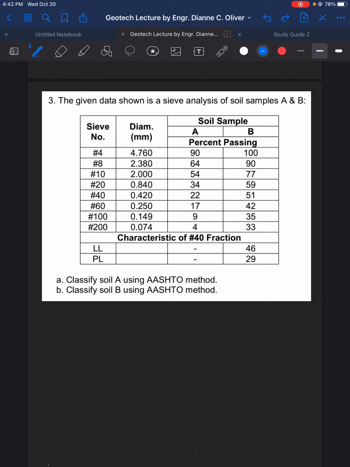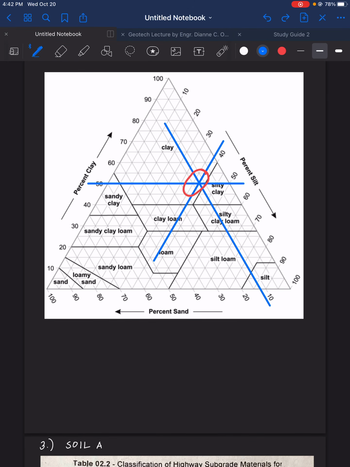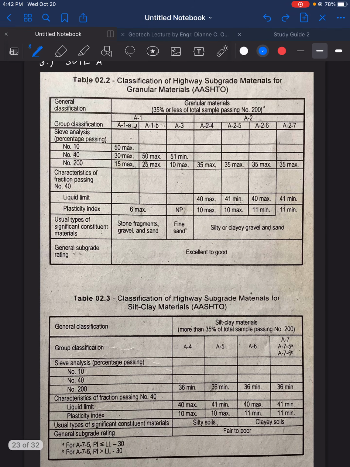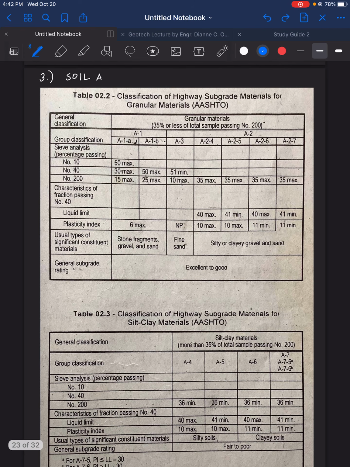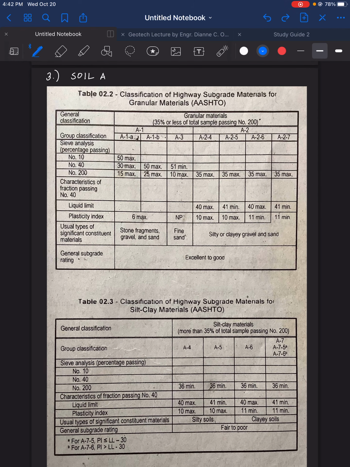The question here: first, classify soil A using the AASHTO method. Next, classify soil B using the AASHTO method. Okay? So, how do we classify using AASHTO? Remember that we only have one tool, the table. So, let's use this table.